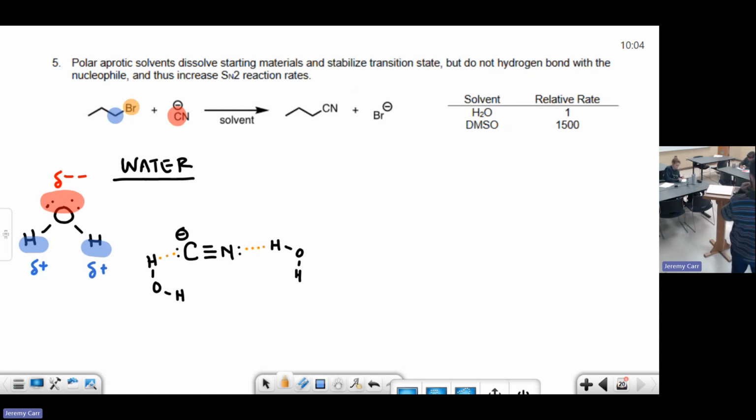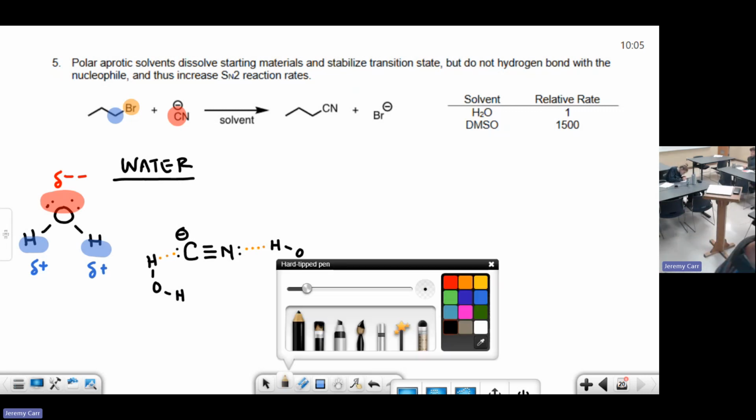Now, think about this here for a second. If I take this cyanide that has localized electron density on the carbon atom, and I put a whole bunch of water around it, it's almost as if you're preventing that negative charge on the carbon from being nucleophilic. In other words, the big boy, big girl term here is you are attenuating the nucleophilicity of that particular nucleophile.